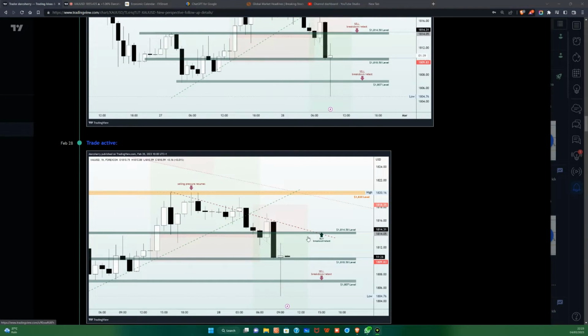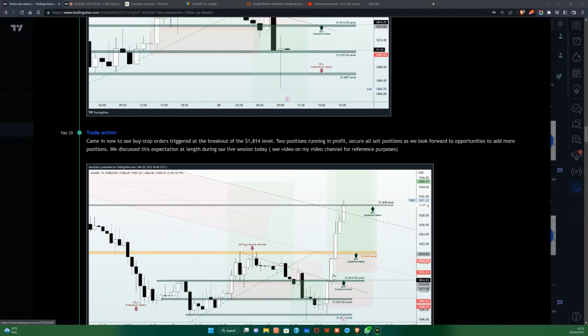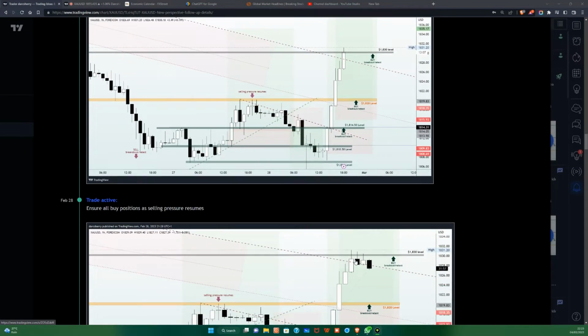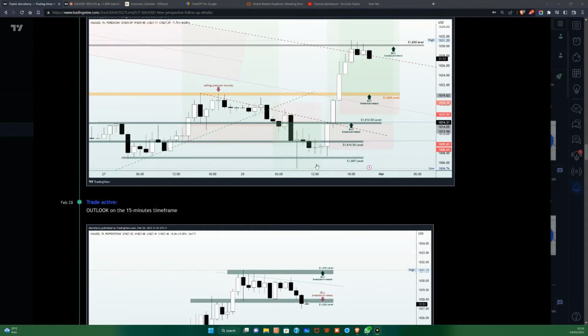We positioned ourselves right above the 1,814, where we said if price action breaks out of that trend line and the 1,814, it will be a beautiful opportunity to buy. With a buy stop order above the 1,814 level, we had our second position triggered, as you can see, and price action continued to find higher highs, breaking out structures like the 1,820 for another position to be added. So we were able to take advantage of this move all the way up before another wave of selling pressure began.